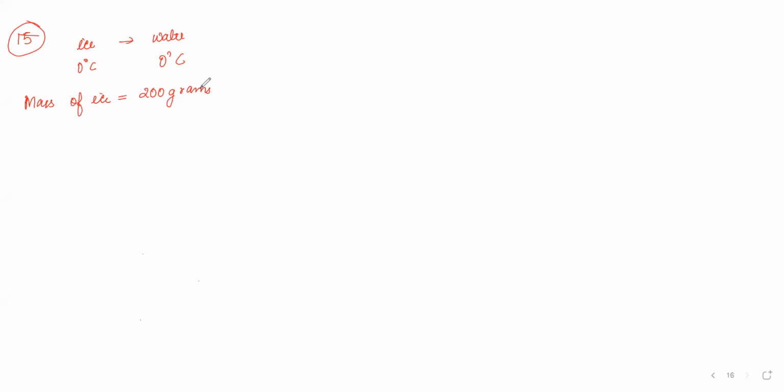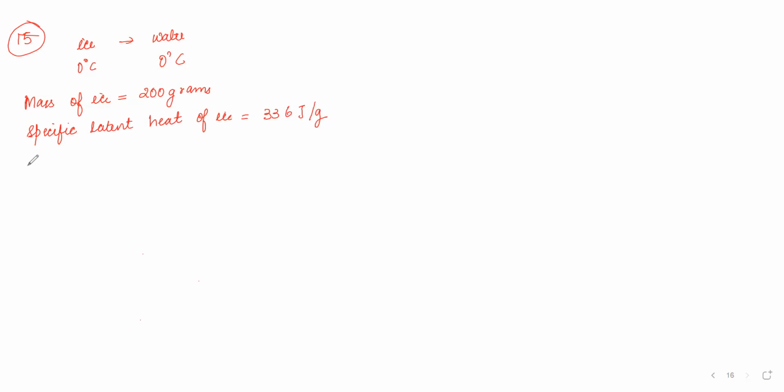Okay, and then what you will be writing, specific latent heat of fusion, specific latent heat of ice. Write down latent heat of ice, that is L is equal to, sorry, 336 joule per gram.